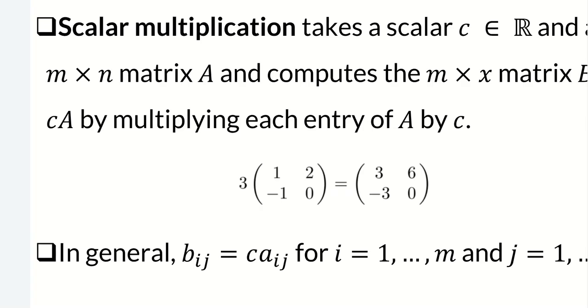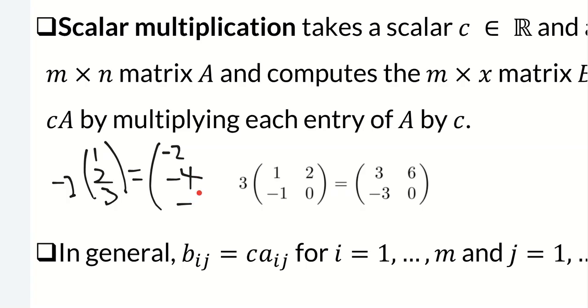We saw this when we were dealing with vectors: if I have a vector 1, 2, 3 and a scalar of minus 2, the scalar is going to multiply all the elements. So I'll have minus 2 here, minus 4 here, and minus 6 here.